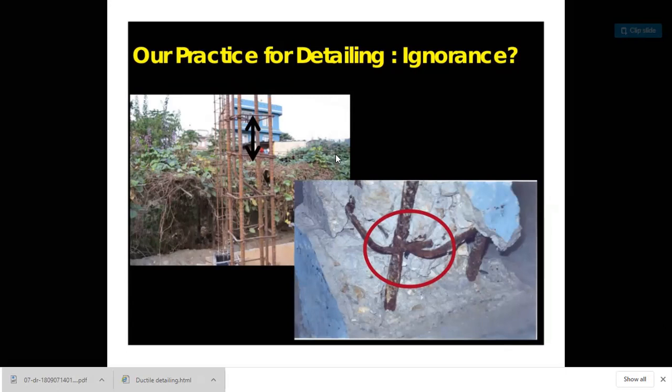You can see there is an ignorance they have made, that there is an opening in the concrete of the column, and in that column the main steel is open to the air, so corrosion will occur and the rod will become corroded.